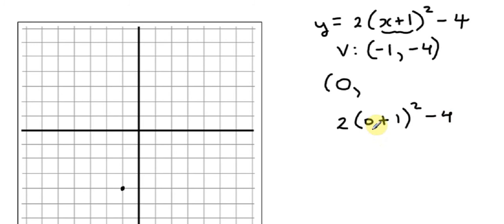So we're just going to work that out. We're going to get a 1 here, and the 1 gets squared. So just 1 minus 4. So I think we're looking at negative 2. Now the bonus of this is when I look at where the vertex is, I got 0, negative 2. Well, I know it's symmetrical, so at the same time, I know I got this point over here. So that gives me a pretty good idea of the shape of the graph.